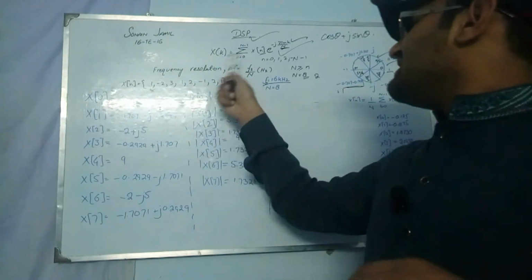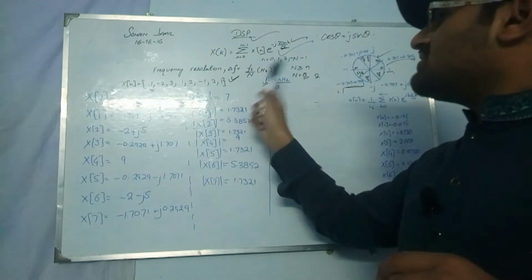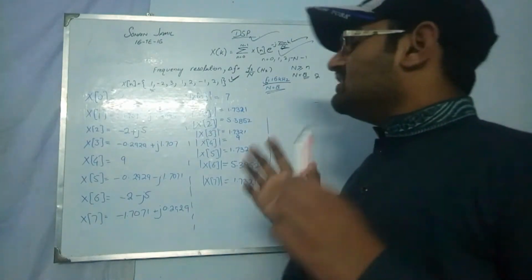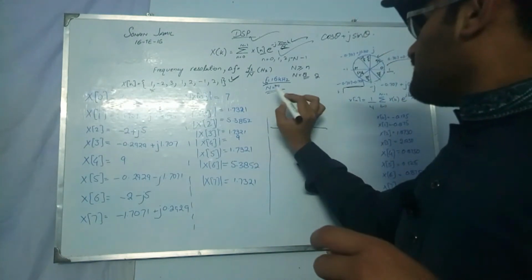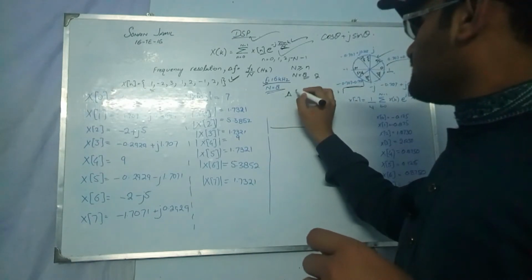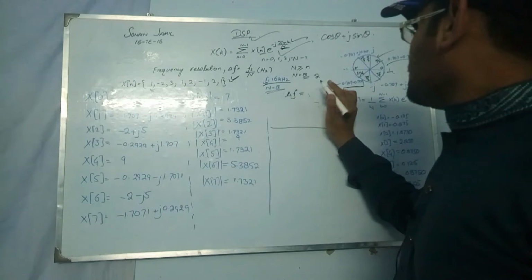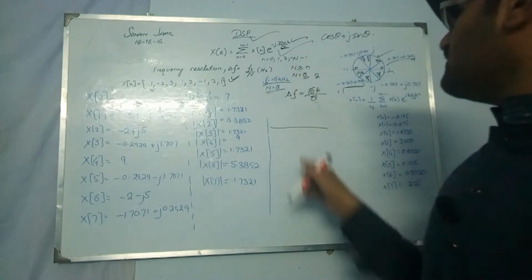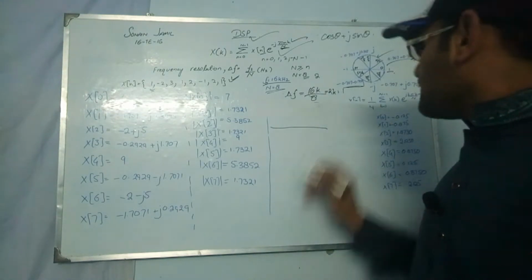You can see it is delta f equal to fs by N, here N is 8. Now the difference between two frequencies will be 2 kilohertz, because delta f is equal to fs, which is 16k, by N, which is 8, so it will come out to be 2 kilohertz.